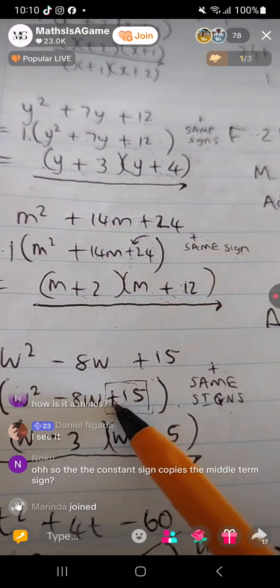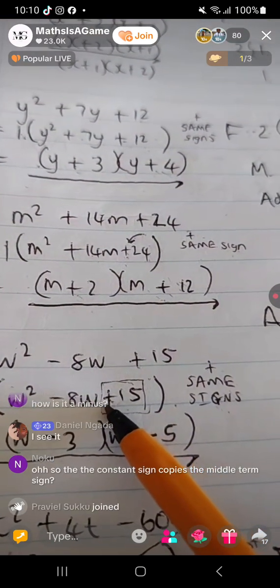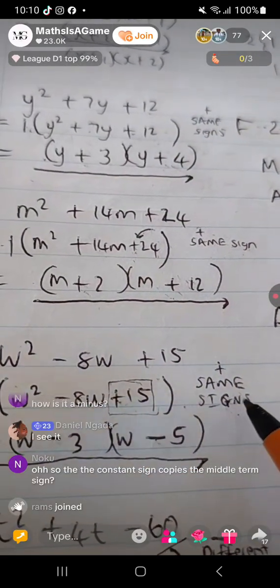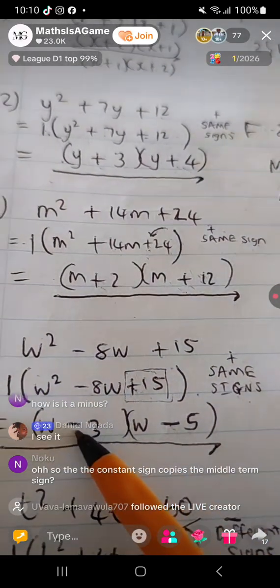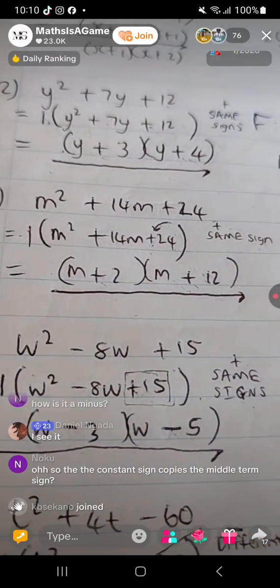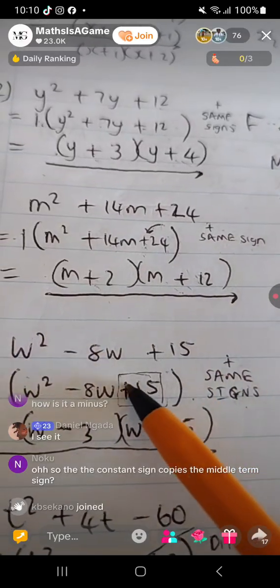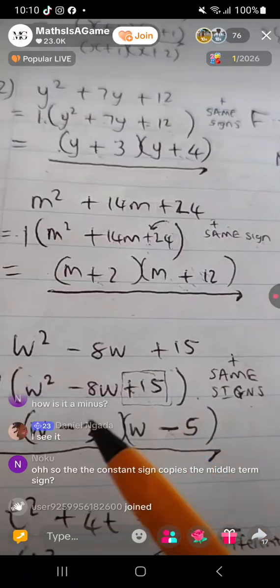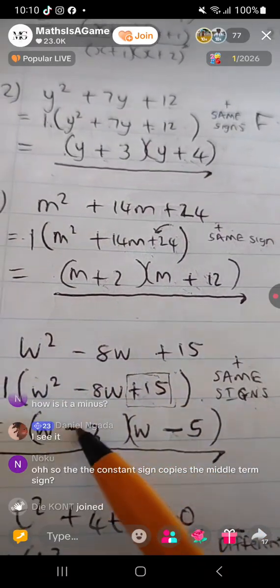The positive means the same sign, but what directs the signs that we write here is the sign of the middle term. That's what this means. The positive constant means same sign. And who directs the two signs that are the same that we have here?